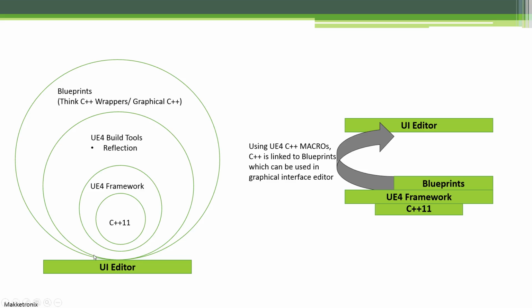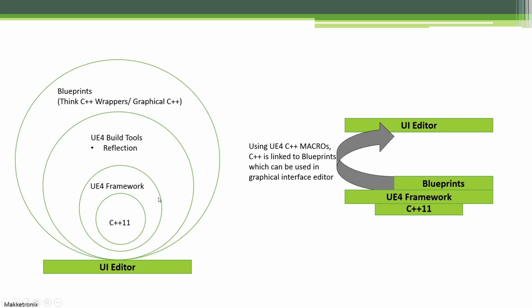Now, notice that these two circles, the blueprints and UE4 build tools and reflection, touch the editor. The reason I put it that way is that C++ code by itself cannot interact directly with the editor.